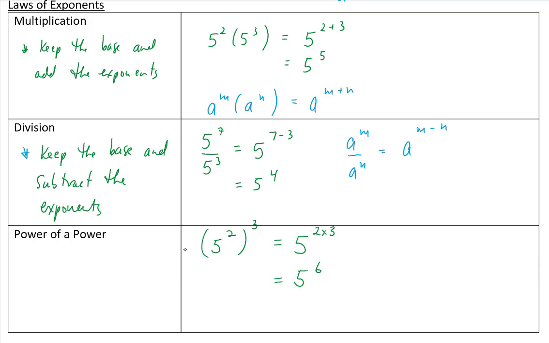We multiply the exponents and use the base. So therefore our general formula is, if I have a to the m and it is raised to the exponent n, that is a to the m times n. And that's our general formula.